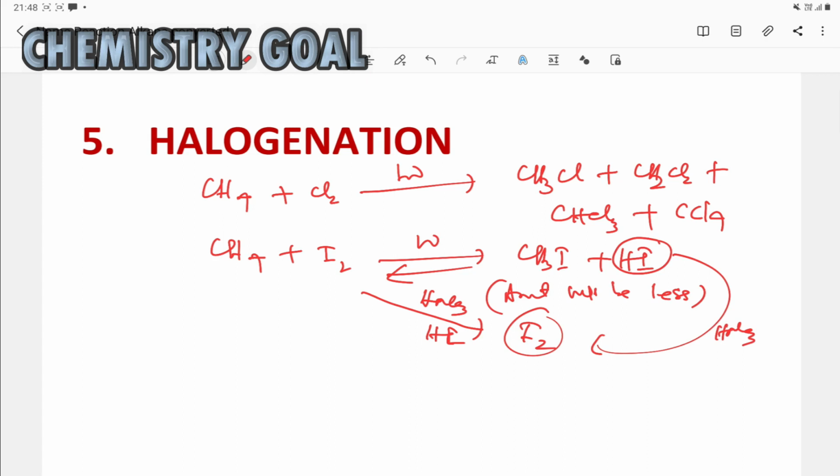So to increase the speed of the reaction, you add nitric acid, then the reaction goes in the forward direction producing more iodoalkane. So this is called halogenation, formation of halogen derivative of alkane.